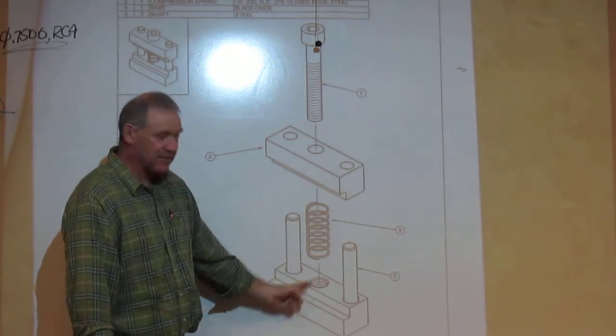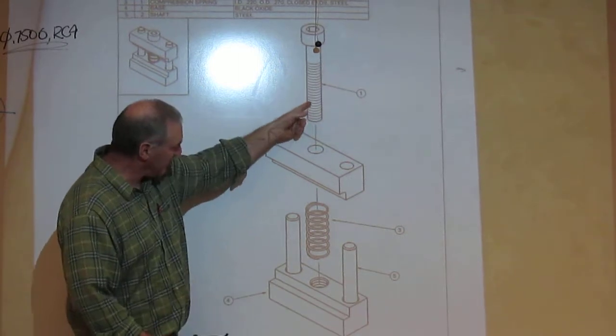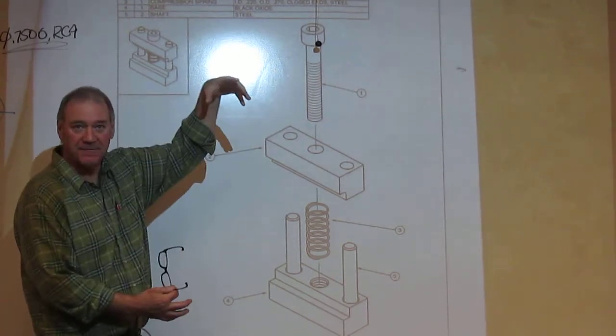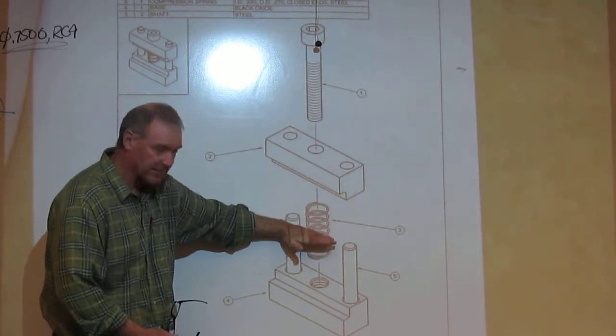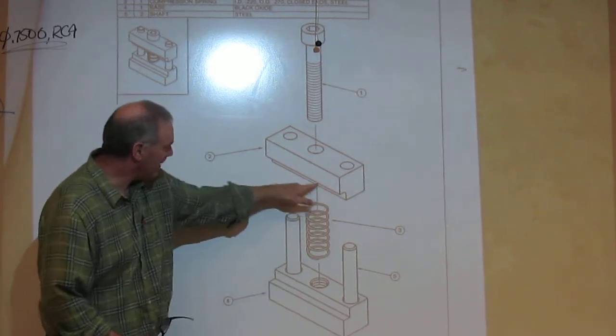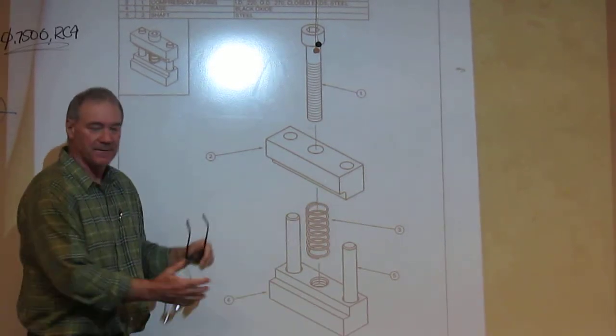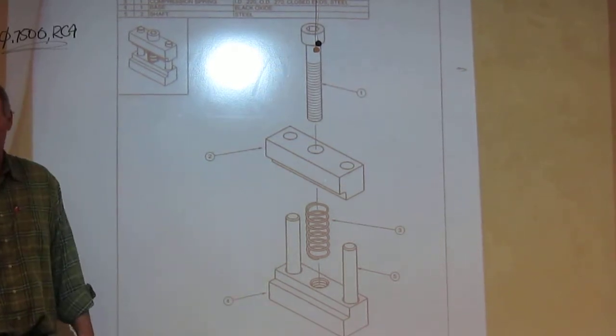The spring is going to push them apart so that they stay apart. This piece right here keeps it from popping off, and it's also the tightening device. As I screw that down, it takes that top block and pushes it down. My clamping surface is here and here, so I can then hold things in there and clamp them. So in essence, this is a vise.